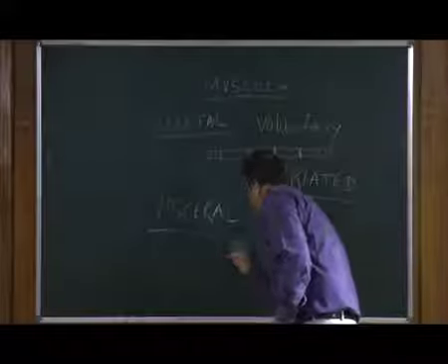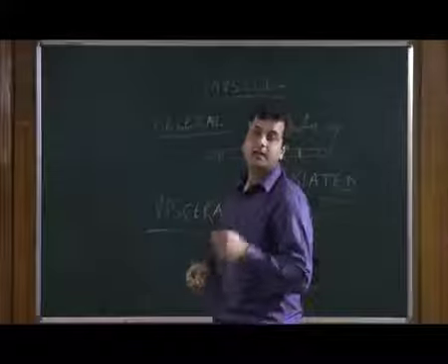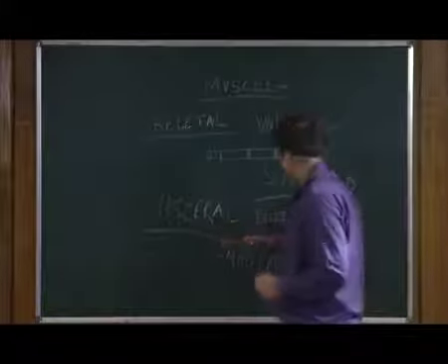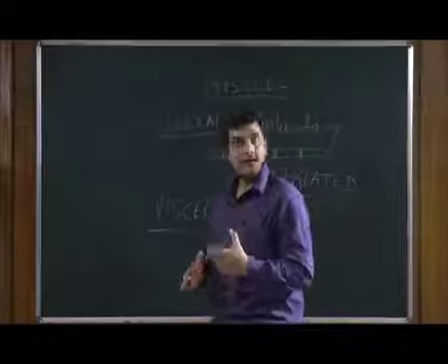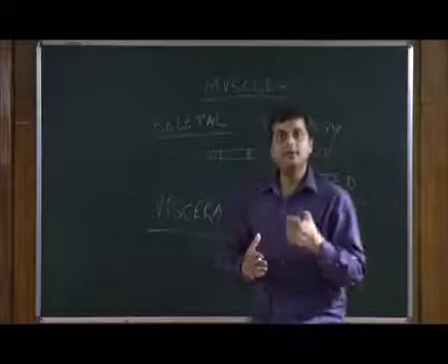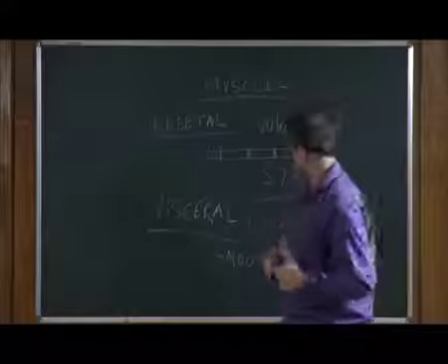They don't have any kind of demarcation. And the second very important property is that since these are visceral and they are inside the gut, they are not under our control. So they are simply involuntary in nature.